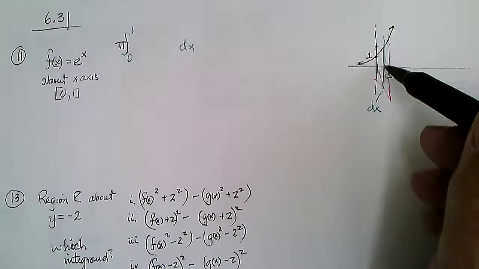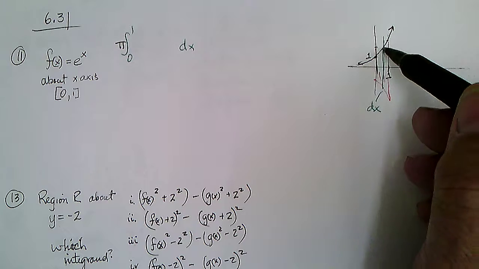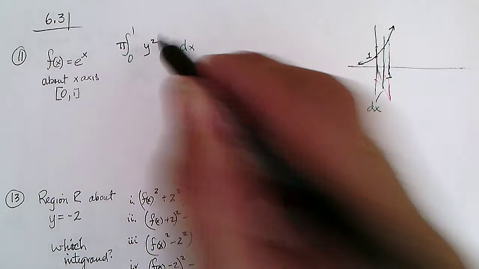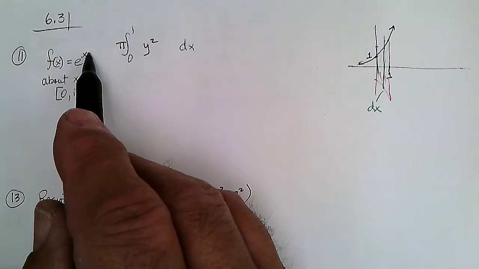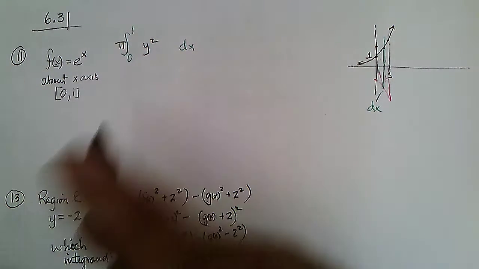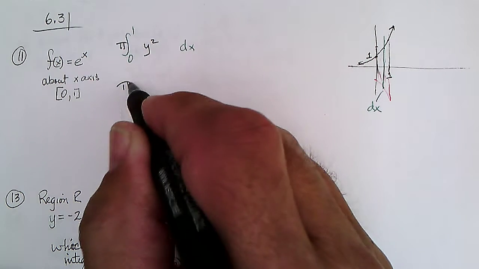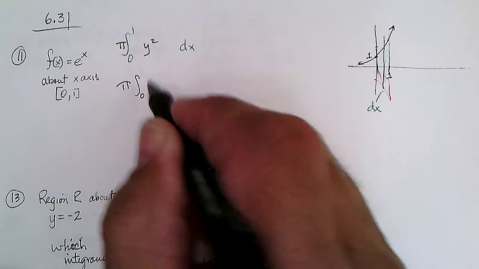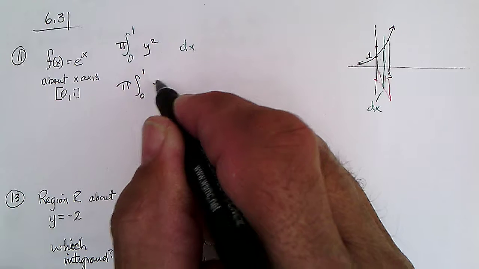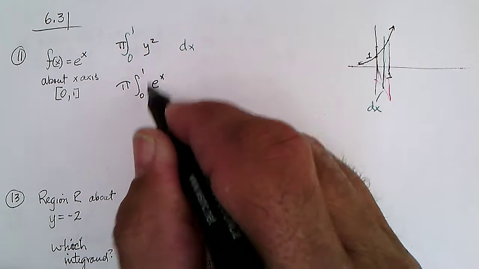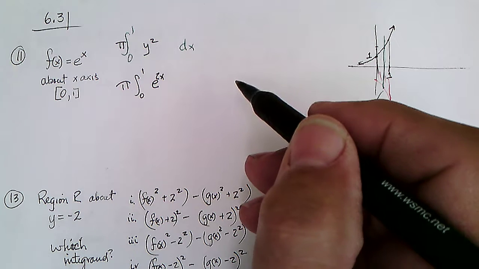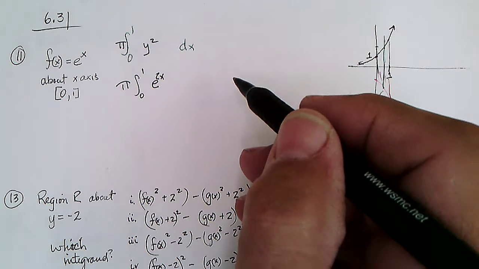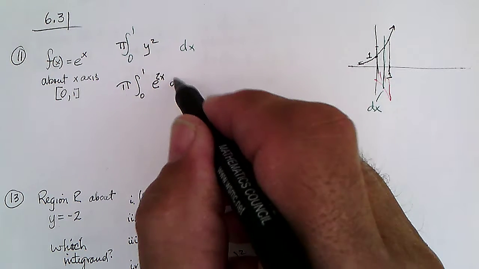The radius is this way, which is y. Pi y squared. But y is e to the x, squared. So we got pi integral from 0 to 1 of e to the x squared. You multiply the exponent, or e to the x times e to the x. When you multiply, you add the exponents, so e to the 2x dx.